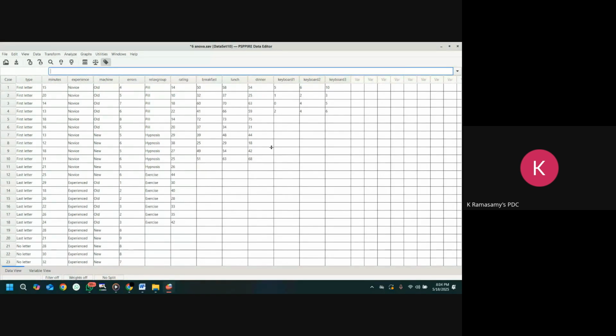That is a kind of paired sample test, but here not two, three levels are there: breakfast, lunch, dinner. So I want to see, is there any difference between the students while they are giving a rating for breakfast, lunch, and dinner? If it is so, which food is better than the rest? I want to find out. See, in paired sample t-test, normally we have two groups.